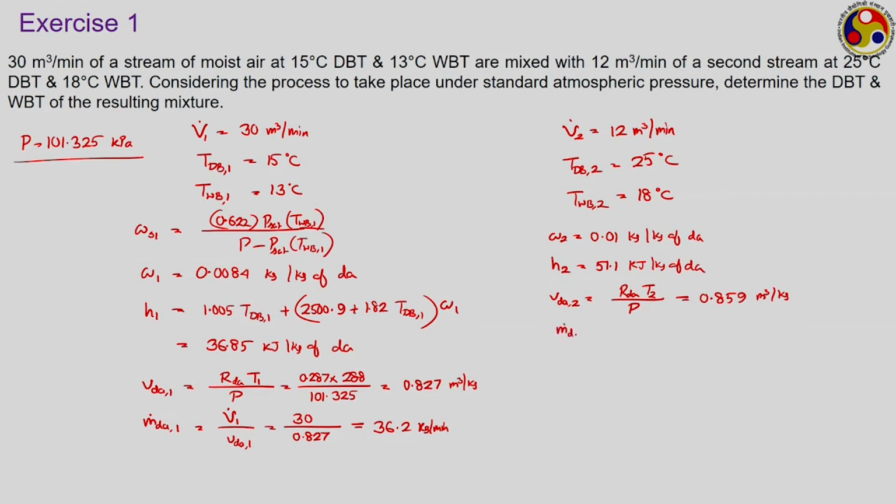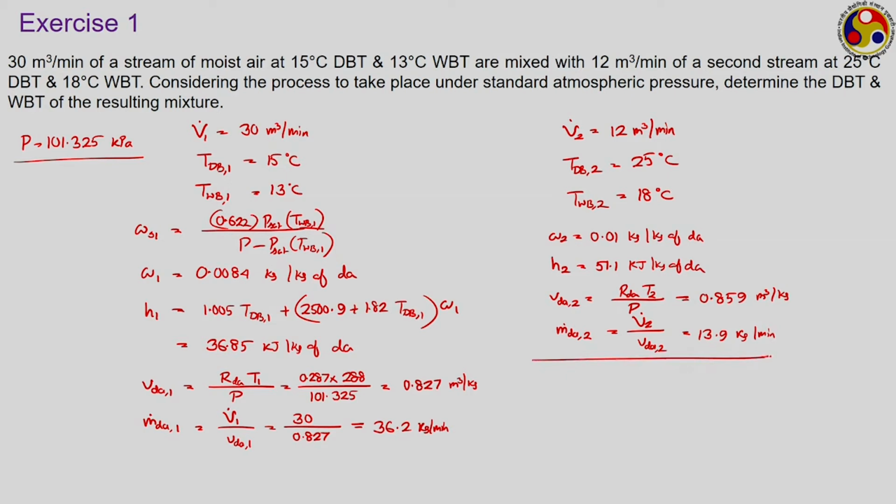from where we are getting the mass flow rate for the dry air part in the second stream, which is V2 by specific volume at this condition, equal to 13.9 kg per minute.